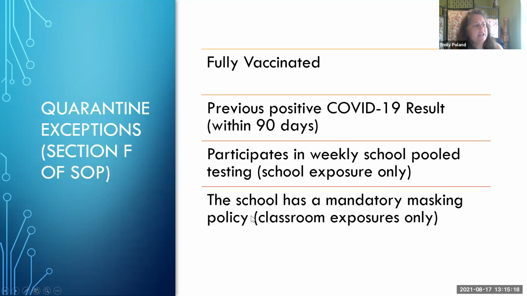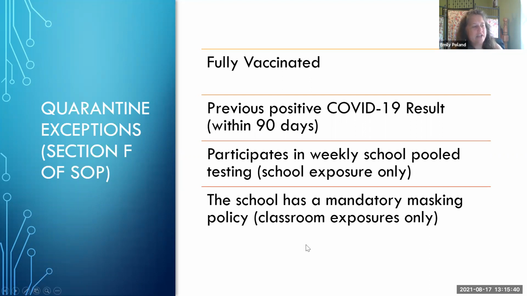One is if this student or staff participates in weekly school pooled testing, and this is if it's a school exposure. So if they are identified in their school as a close contact and they participate in pooled testing, they have an exception to quarantine.